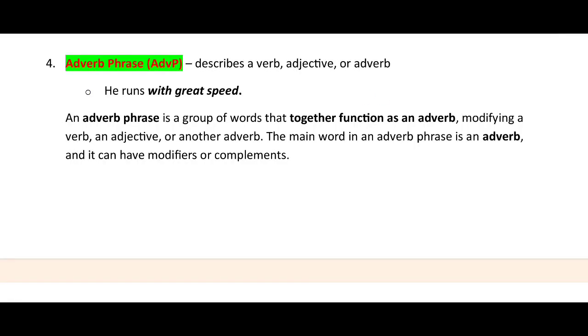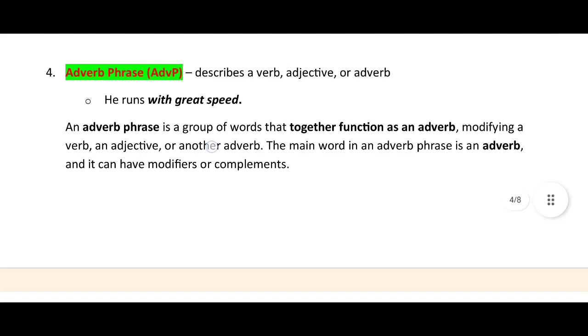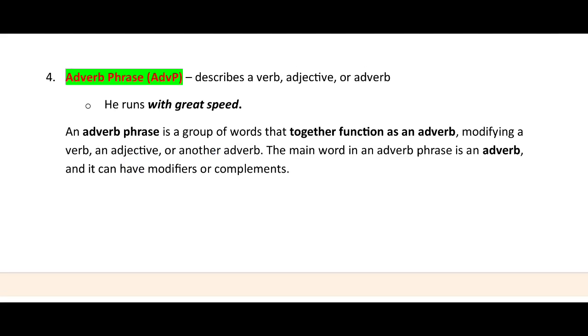Let us see an example. He runs with great speed. Here, with great speed is an adverb phrase. An adverb phrase is a group of words that together function as an adverb, modifying a verb, an adjective, or another adverb. The main word in an adverb phrase is an adverb.